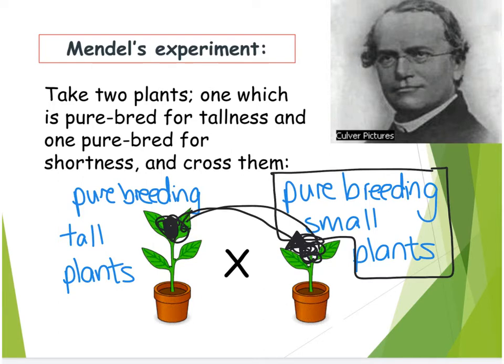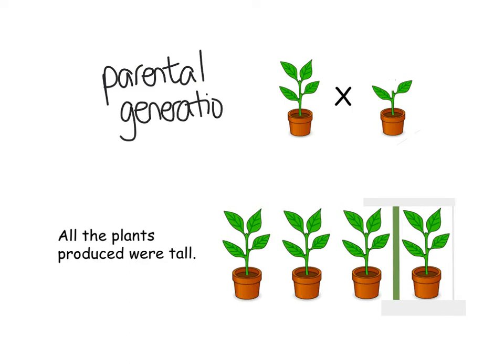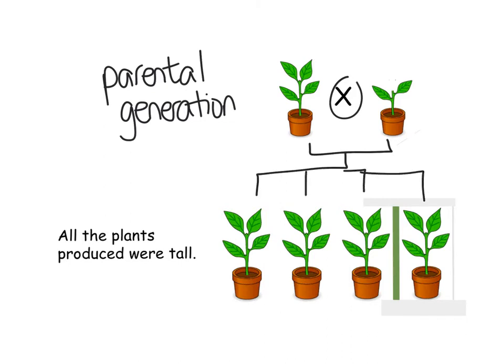What did he find out? Well, these are our parent plants. We call that the parental generation. And these were the offspring. So when they were crossed, that's why we've got a little cross there, he found out that all of the offspring were tall.